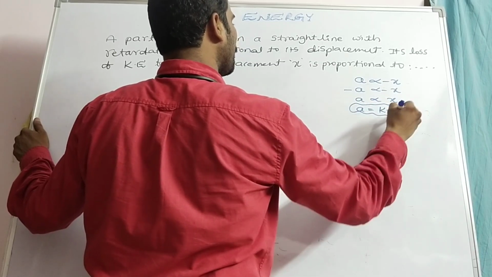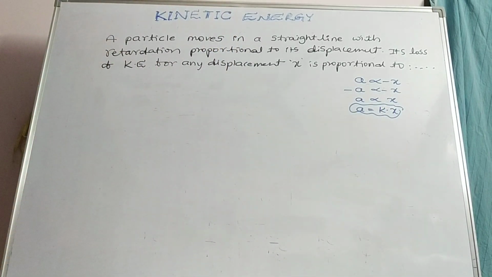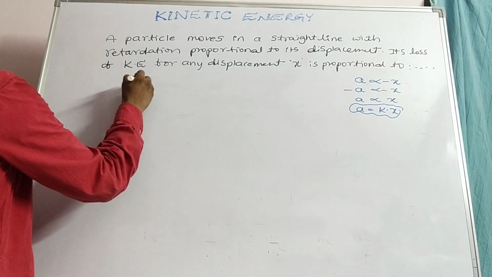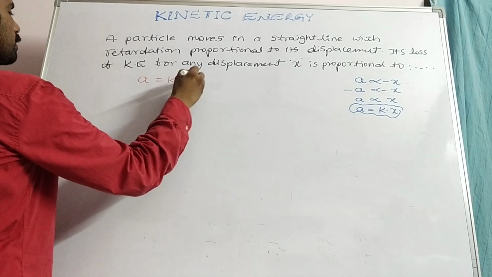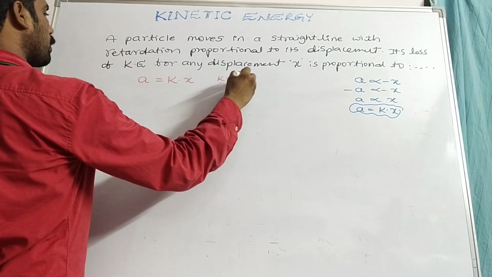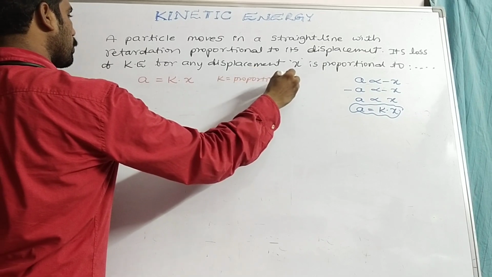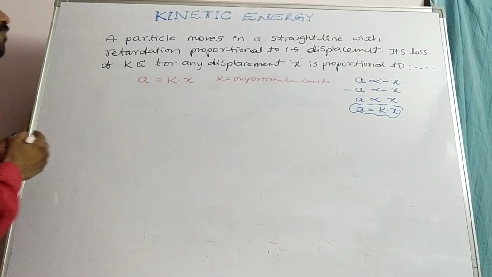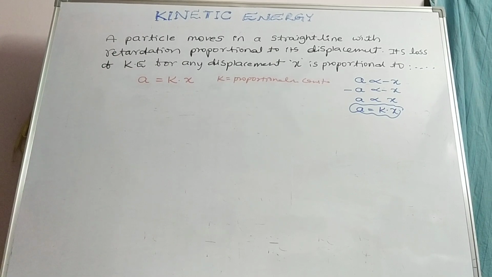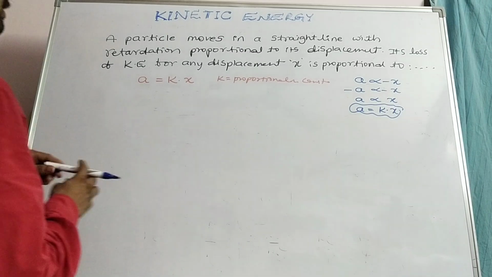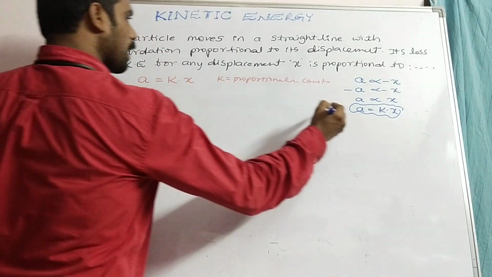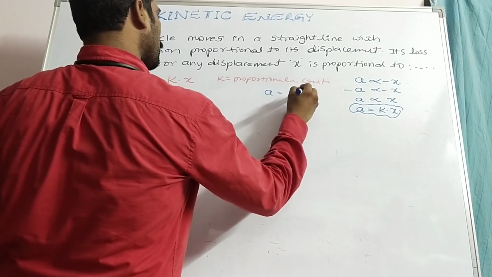So it can be written as a equal to k into x, where k is the proportionality constant. Now acceleration can be defined as the rate of change of velocity, so acceleration a is equal to dv by dt.